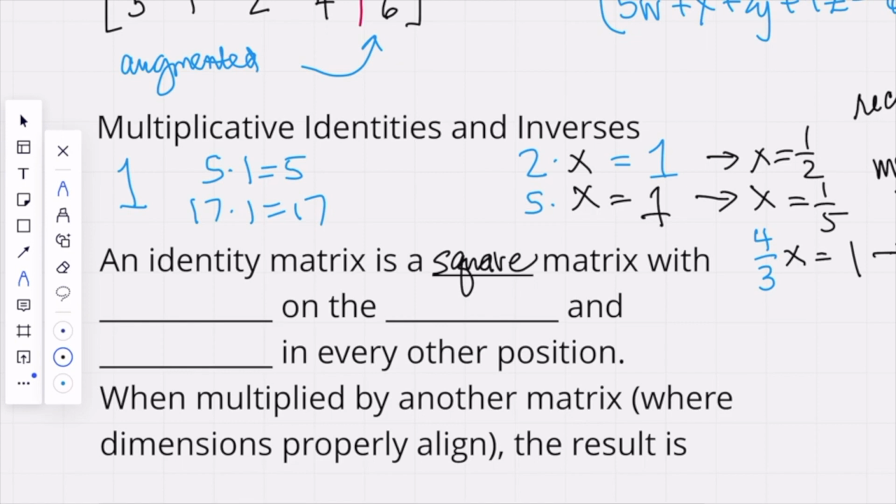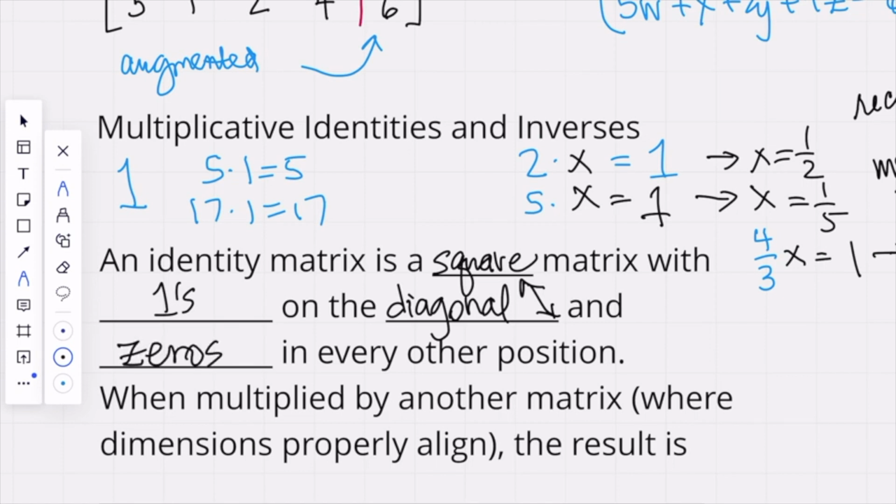Same number of rows and columns. Okay. And this square matrix will have ones, the value of 1 on the main diagonal. And that's from the top left to bottom right, and zeros in every other position.